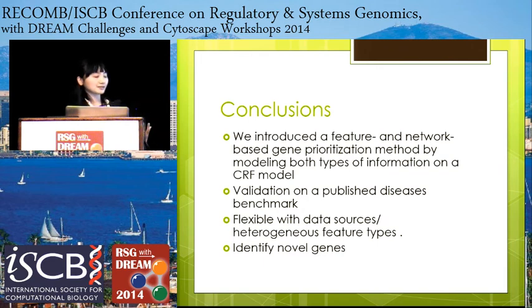Basically, it's plug and play with the data sources, and we could handle heterogeneous feature types: if we have network-based data or annotation-based data, we could handle them simultaneously. And through our final case study, we were able to identify novel genes that could contribute to these two disorders, so they could be used for further testing.